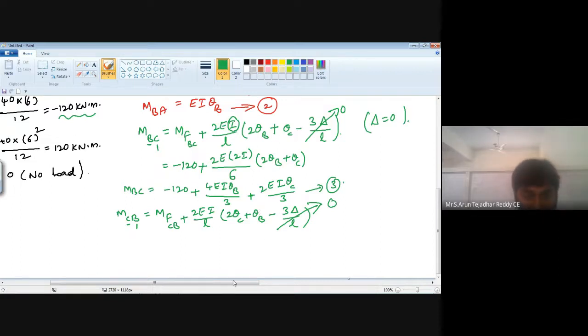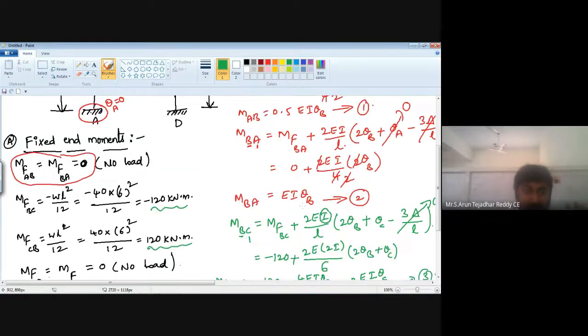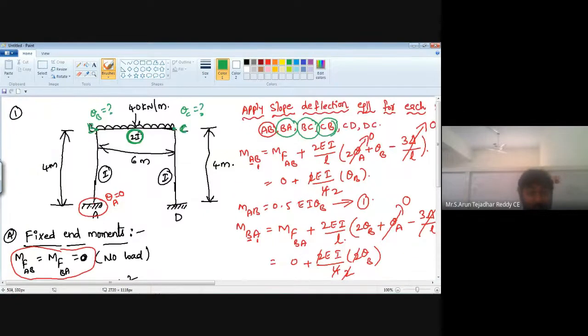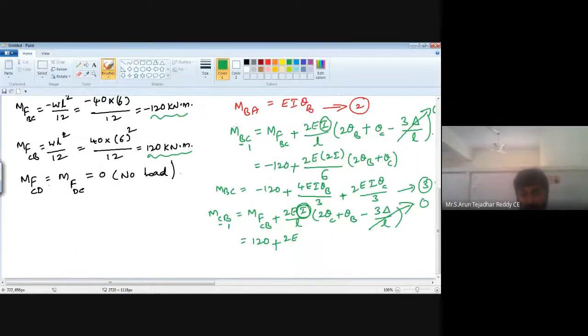Now MFCB, what is the value of MFCB here? That is 120 kilonewton meter. Substitute here 120 plus 2EI. What is the value of I here? C to B, given moment of inertia is 2I.